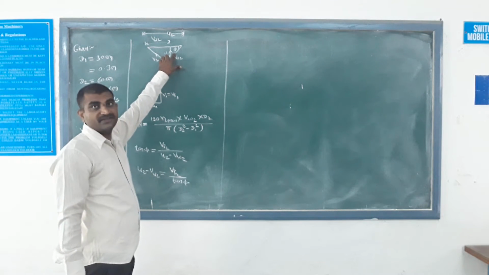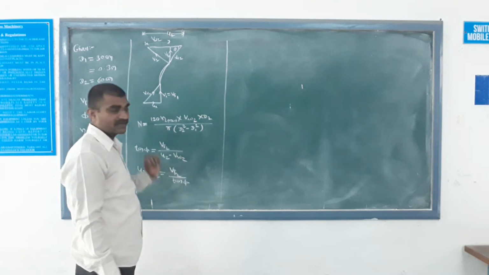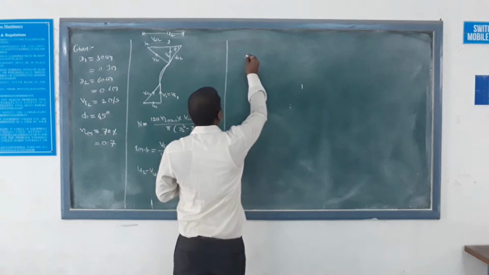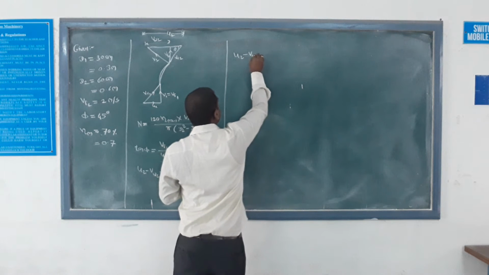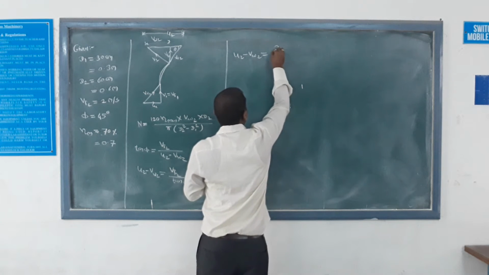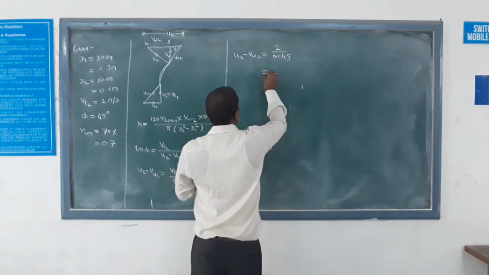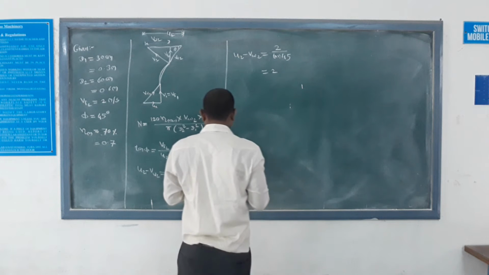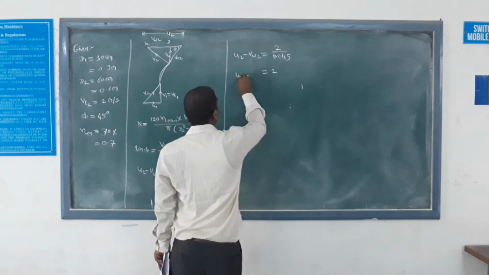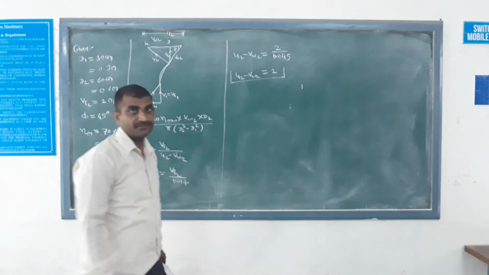From this triangle, we have found this equation. After that, U2 minus Vw2 equals 2 upon tan 45, equal to 2. So this is U2 minus Vw2. This is equation 1.